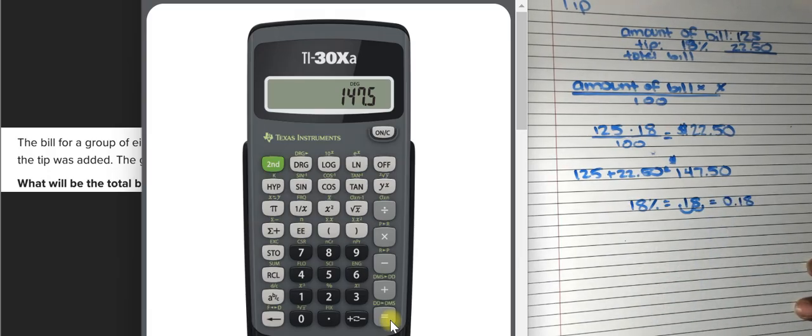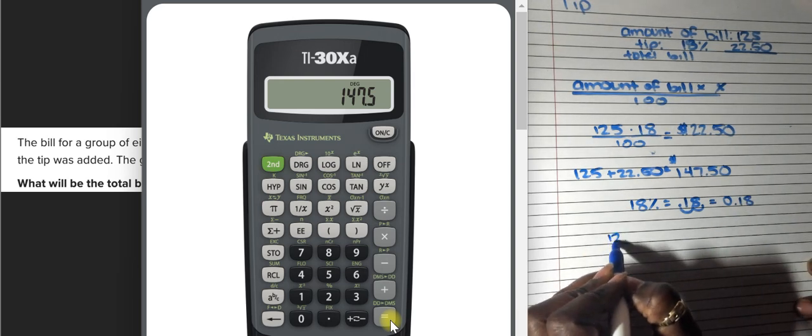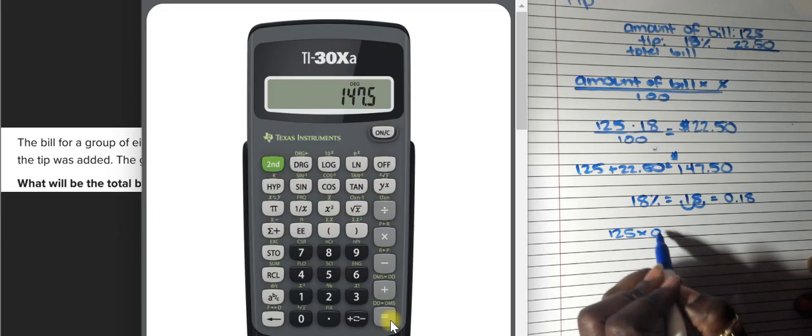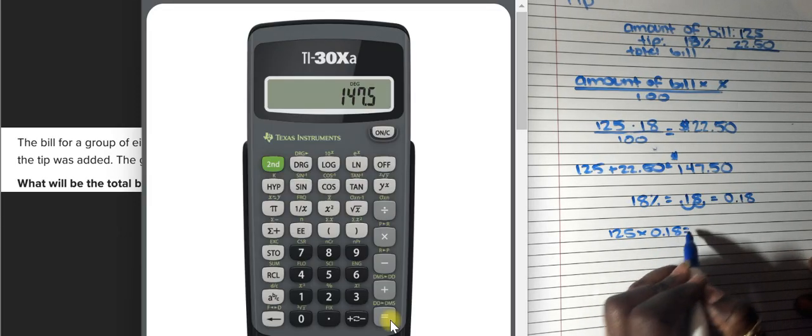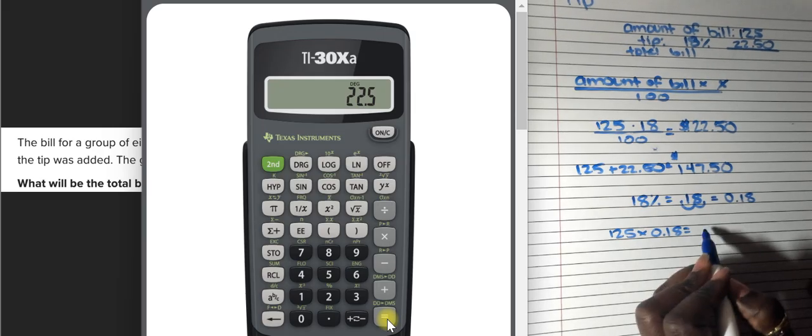I'm just going to put a 0 over here. Okay. So all I have to do is multiply 125 times 18% in its decimal equivalent. And if you plug that in, it's going to give you the same thing that we had before, which is 22.50. So 125 times 18% gives you 22.50.